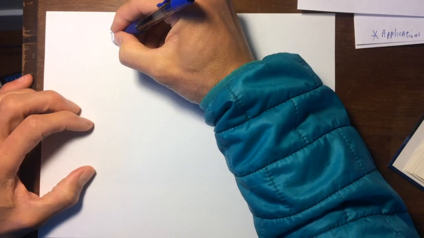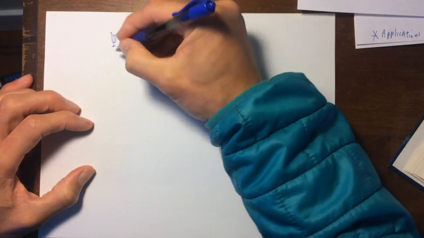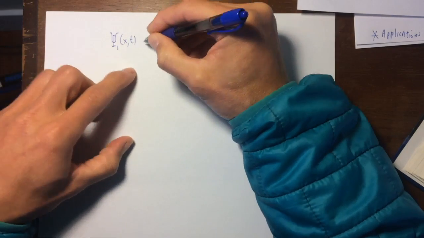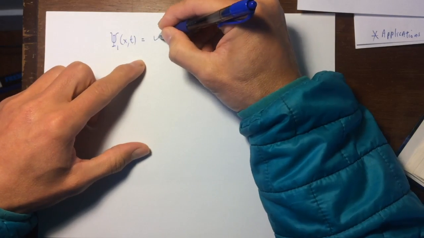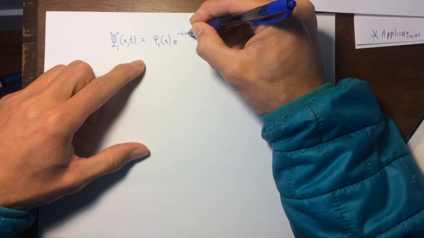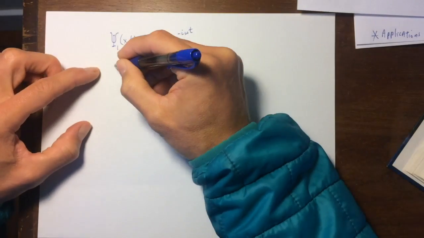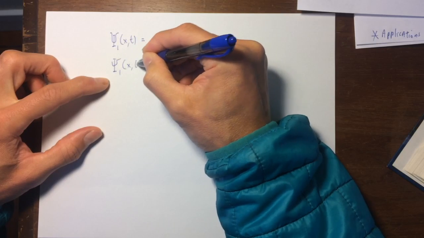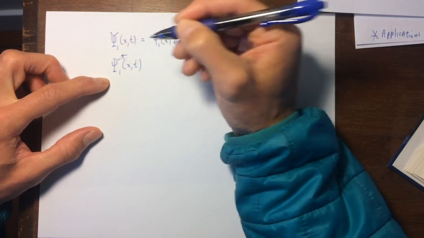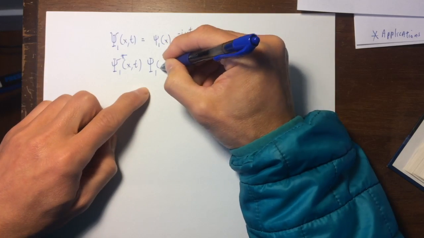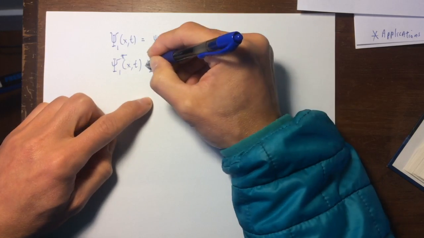So check this out. If psi 1, for example, of x and t is equal to psi 1 of x times e to the minus i omega t, then psi 1 of x and t complex conjugate times psi 1 of x and t.